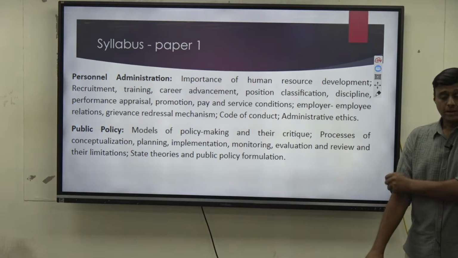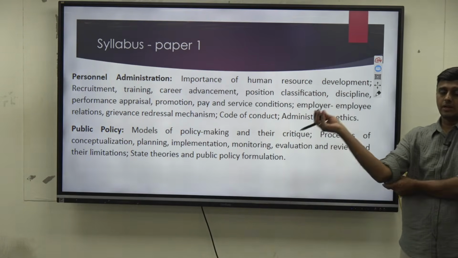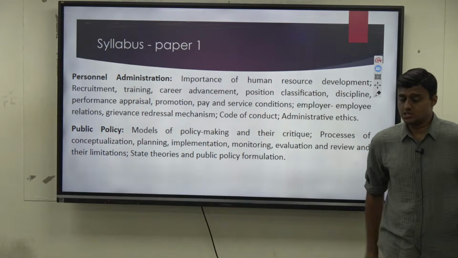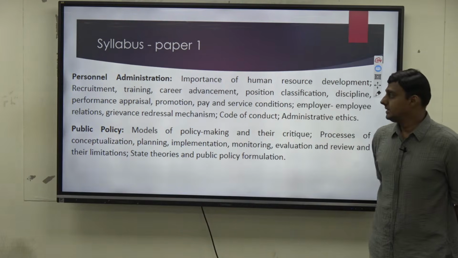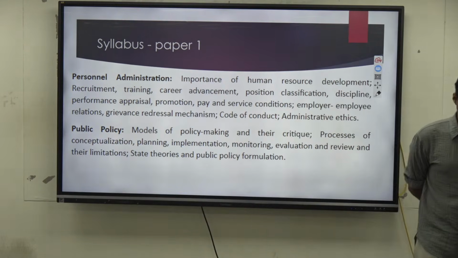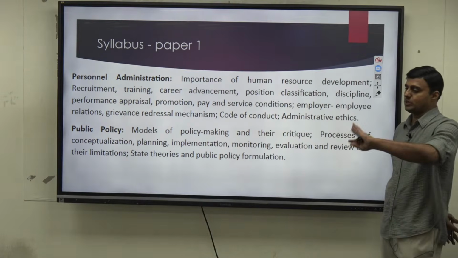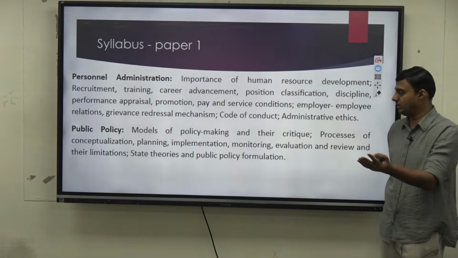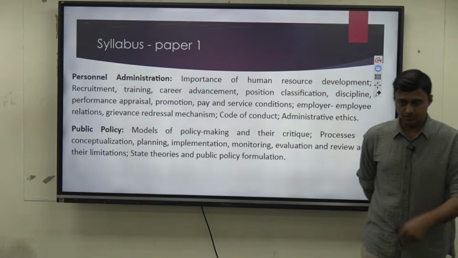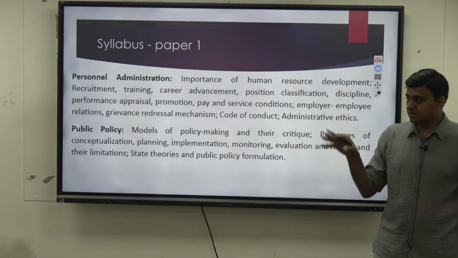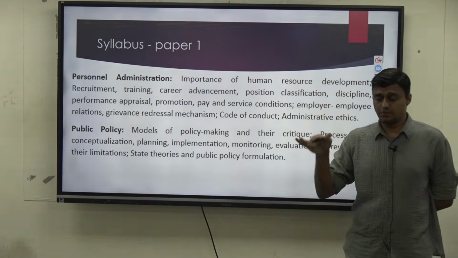Lateral, private sector experts directly. Why can't you give them better positions in public administration? That is what you call lateral entry. I'm taking topics which you can understand, because if I try to make it theoretical, it will become a little difficult for you. So that also we'll study. That is a topic under personnel administration.